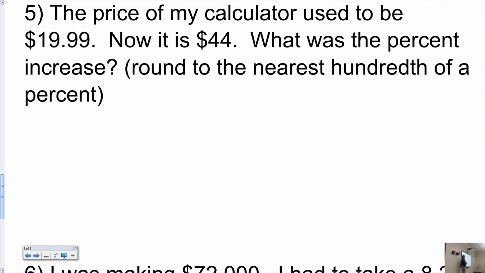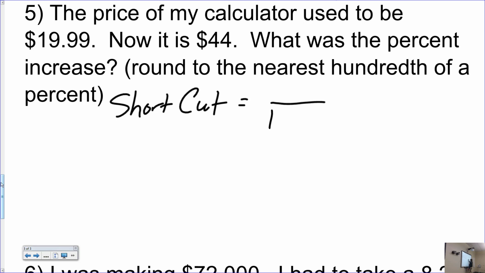So let's do the next problem using the shortcut. So the original is on the bottom, so the 1999 is on the bottom? Yes. 44 is on the top. Well, what do I put on the top? The difference, right?